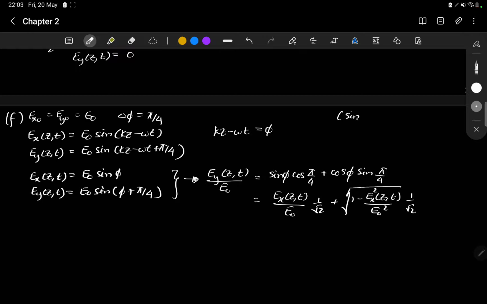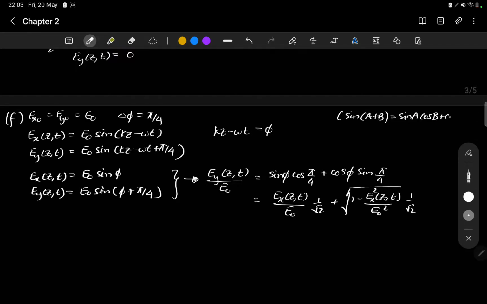We have used sine A plus B equal to sine A cos B plus cos A sine B. Then we used that cos theta is equal to square root 1 minus sine squared theta. These are the two identities we have used.